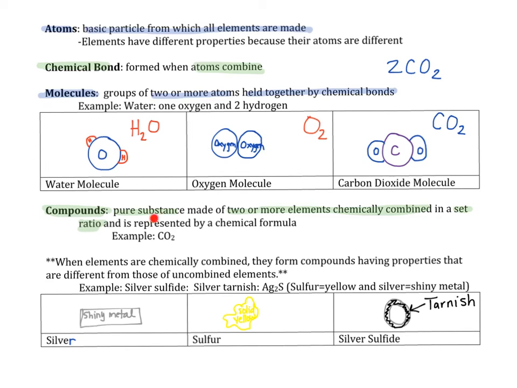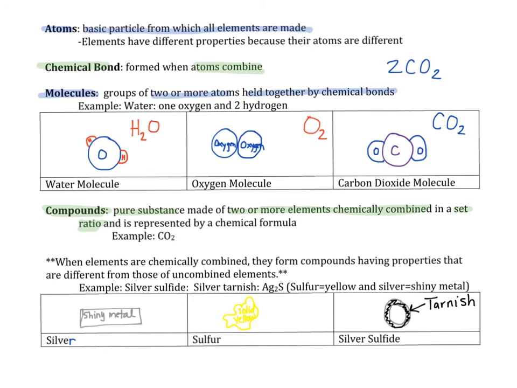A compound is a little bit different. It is a pure substance that is made of 2 or more elements. This is key. It's what makes a compound different than a molecule. So 2 or more elements chemically combined in a set ratio and represented by a chemical formula. So here we can see carbon dioxide.